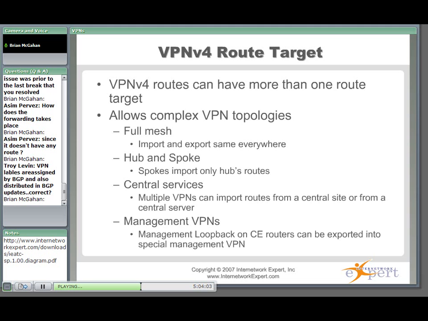Another application of using route targets could be for management VPNs, where in addition to the transparent layer 3 transit, the service provider is also going to be responsible for controlling and managing the customer edge equipment.